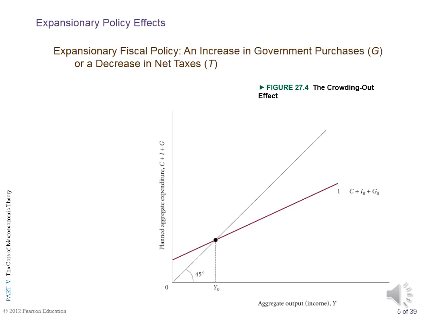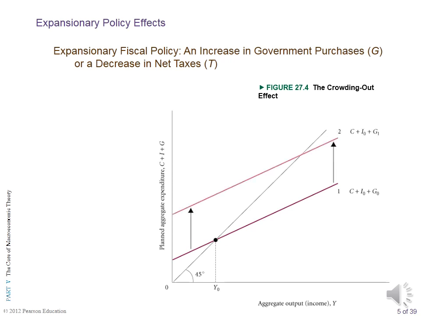It's Y naught. Now let's assume that the government performs expansionary fiscal policy, or an increase in G. An increase in G will shift the aggregate expenditure function upward from aggregate expenditure 1 to aggregate expenditure 2.